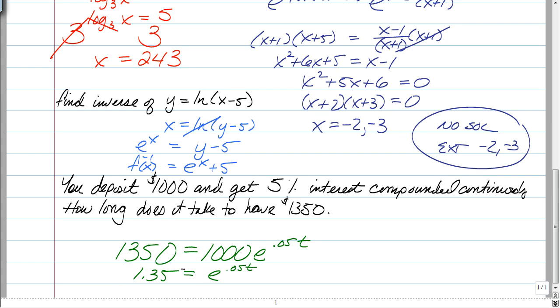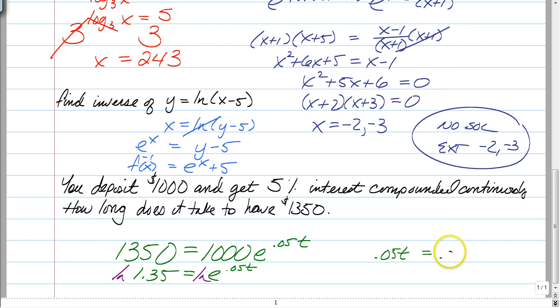So now, how do you get rid of an e? You have to take the natural log of both sides to get the e to go away, and that's going to give you 0.05t is equal to the natural log of 1.35, which is 0.300 yada yada yada. Remember, for now you can just round to the nearest 3 decimal places, but you want to leave it in your calculator.